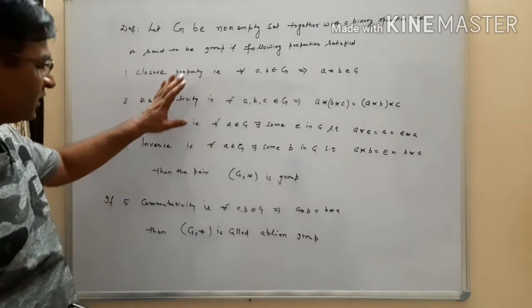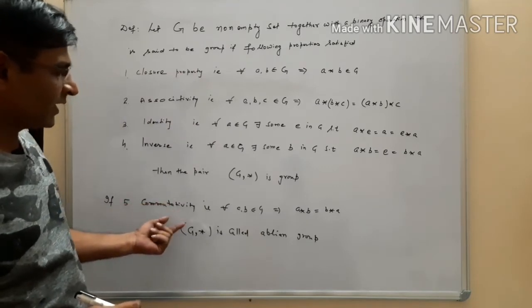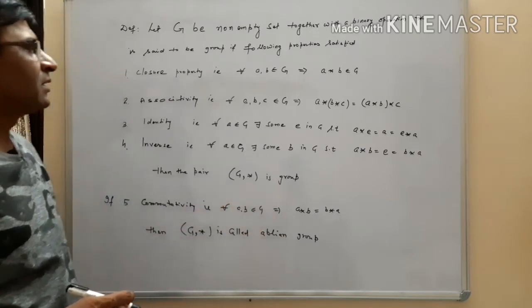That means to a simple group, if commutativity is added as the fifth property, then it becomes abelian.